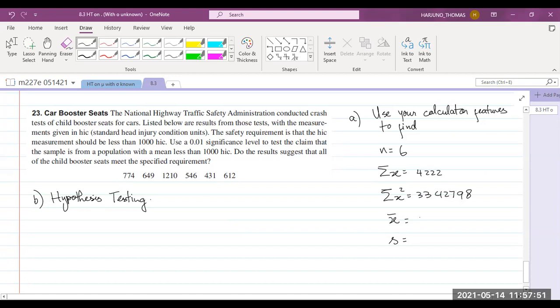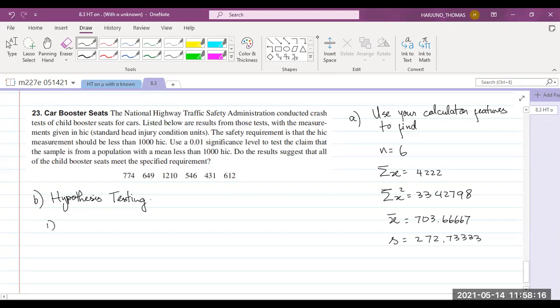Sample mean 703.66667, and sample standard deviation 272.73333.